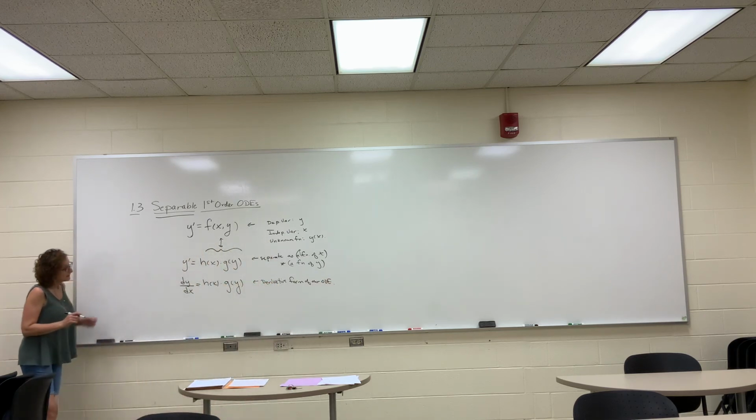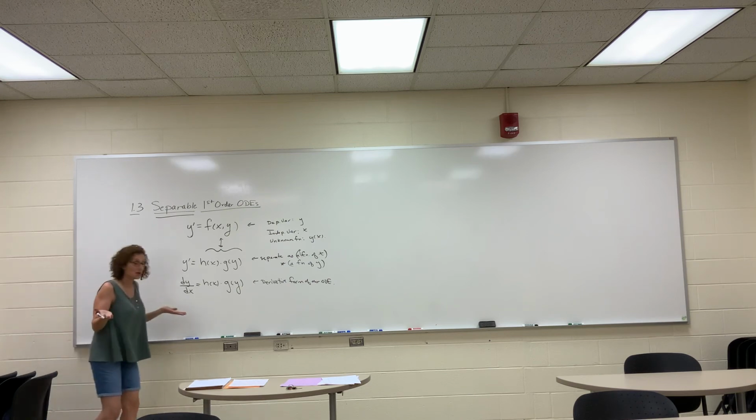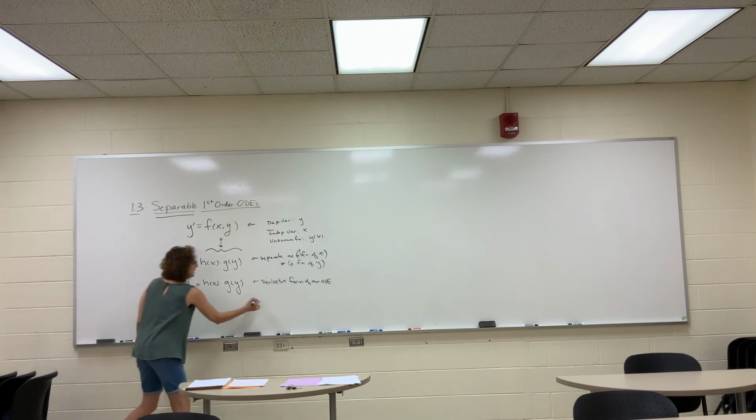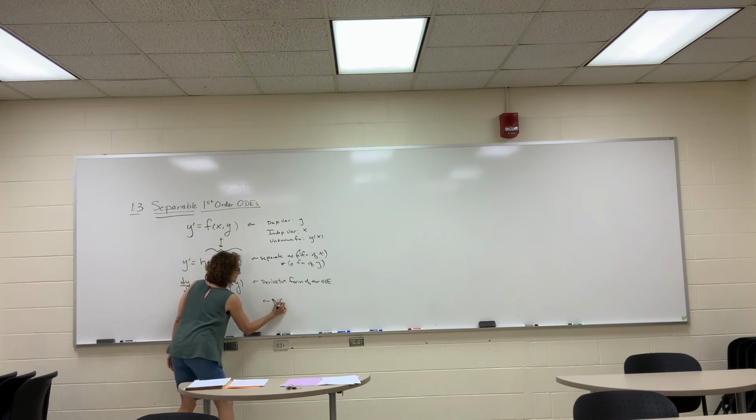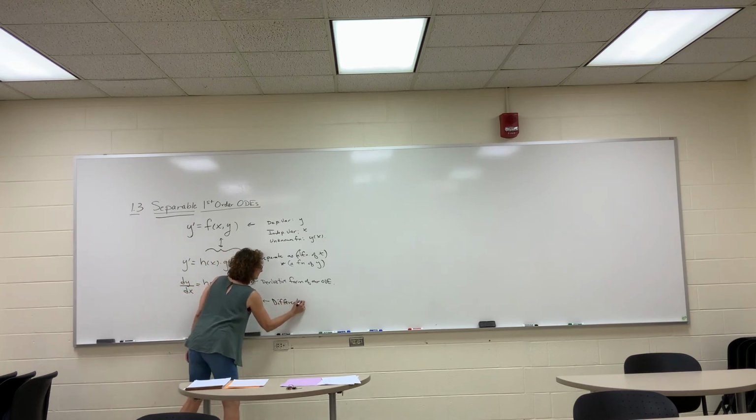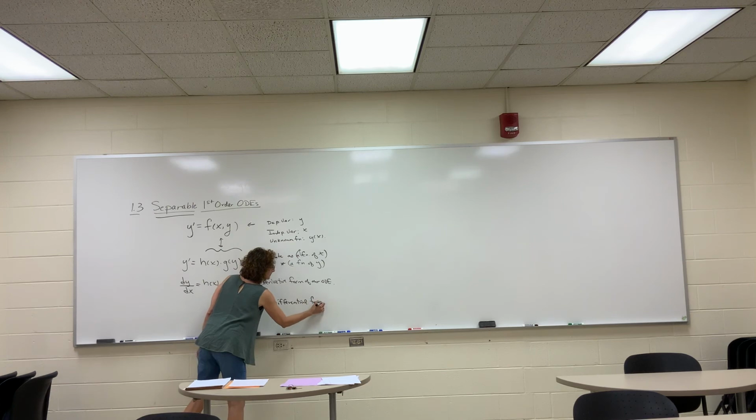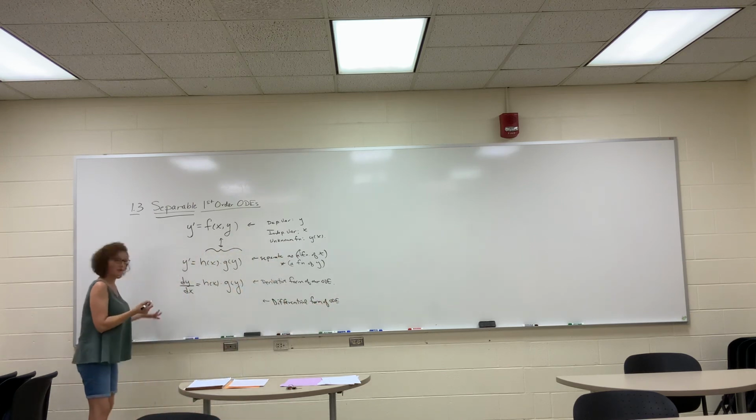Okay, but kind of just like our u substitutions that we talked about the other day, we could write this in a differential form. So a differential form of our differential equation, okay?